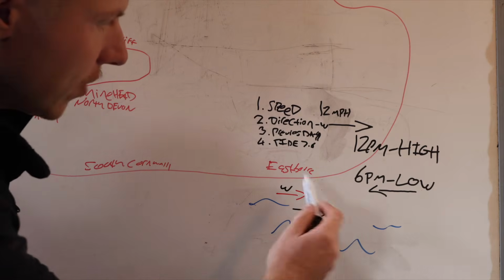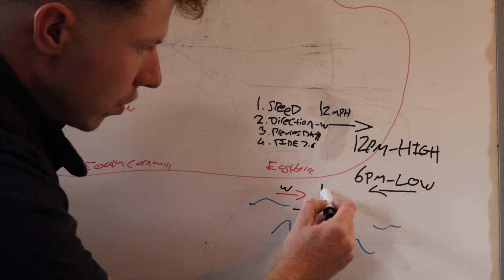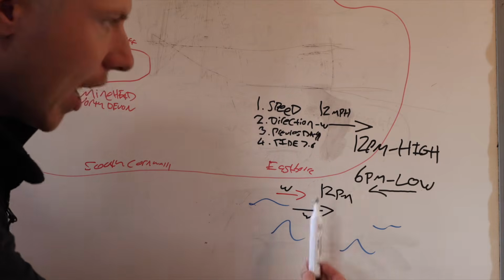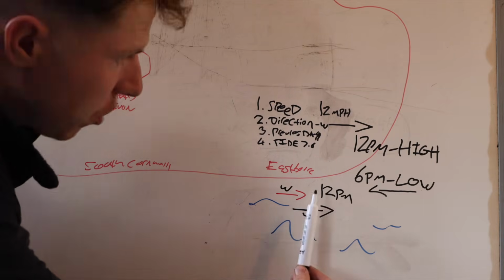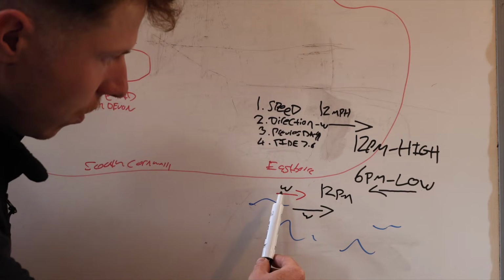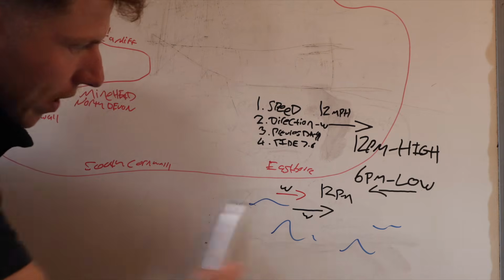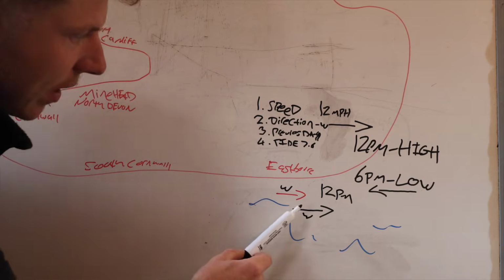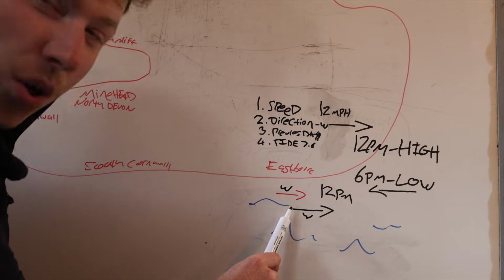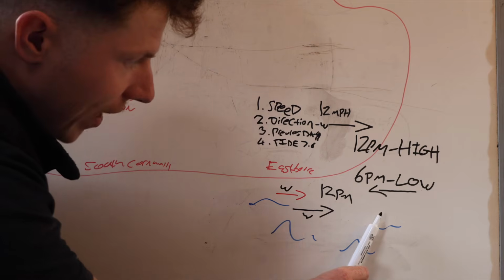We launch our boat at 6 in the morning and up till 12 p.m. midday, that sea should be rather calm because the winds are below 12 mile an hour. It's only gusting to 12. It's not too bad. We've got westerly wind, so the wind is going towards Hastings, and the tide is also going towards Hastings as well.